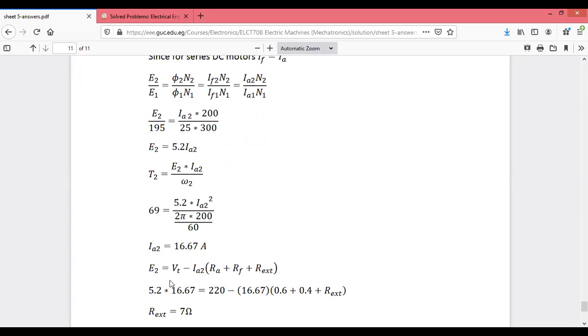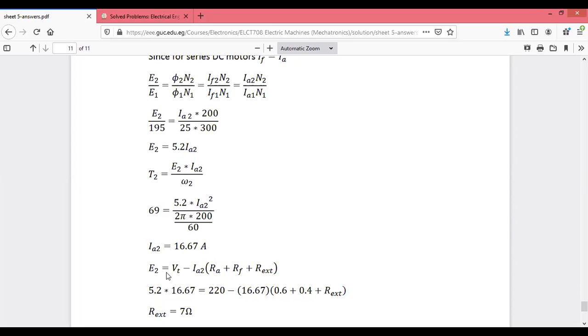So now you will get the value for E2. How? Because the back EMF will be equal to V2 minus IA2 times RA plus RF. They have given one extra resistance here, so we are supposed to take that resistance also. So when you solve, we have the value for E2 in the form of IA2. The value of IA2 is known, and when you put the IA2 value here, you will get the value for E2.